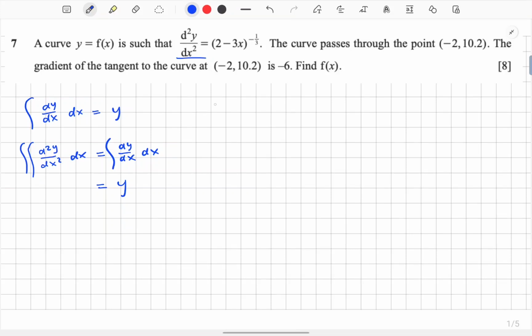So first, we'll just integrate our double derivative, and the outcome will be our dy/dx. So the first step we'll do is that we will divide by the power plus 1.